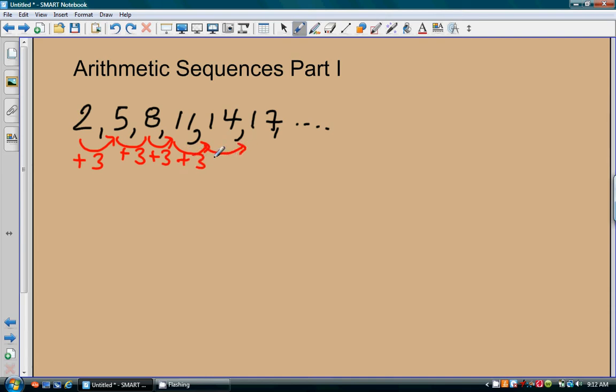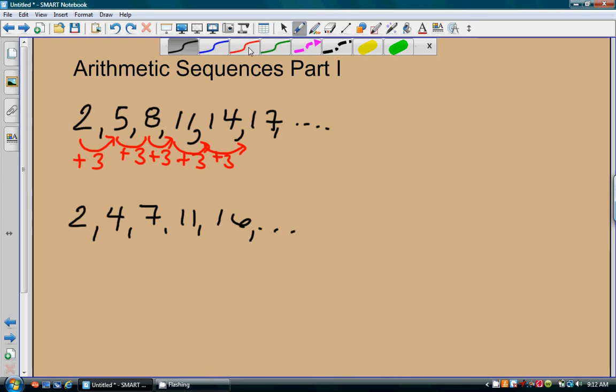So to make sure a sequence is arithmetic, we need to make sure we're adding the same number to each term. An example of a sequence that isn't arithmetic would be something like this: 2, 4, 7, 11, 16. Now, the way we know this is not arithmetic is because to get from 2 to 4, we're adding 2. To get from 4 to 7, we're adding 3.